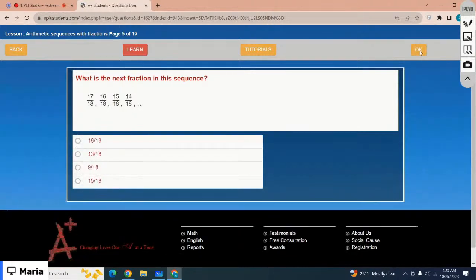Okay, the next one is, what is the next fraction in the sequence? 17 by 18, 16 by 18, 15 by 18, 14 by 18. So which is the next one in the sequence?